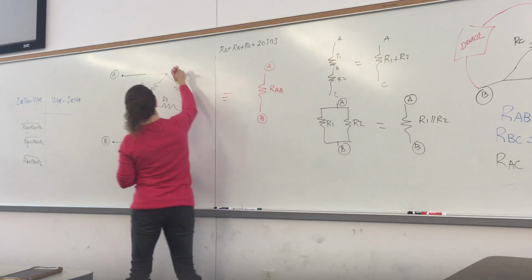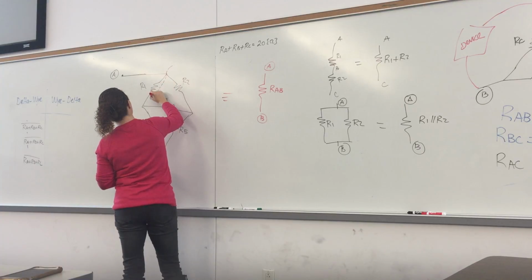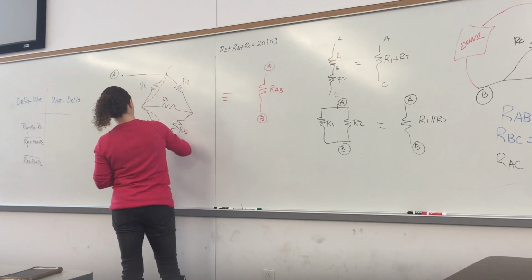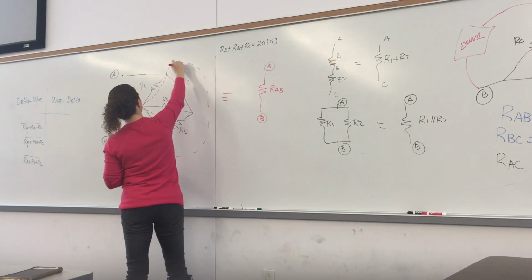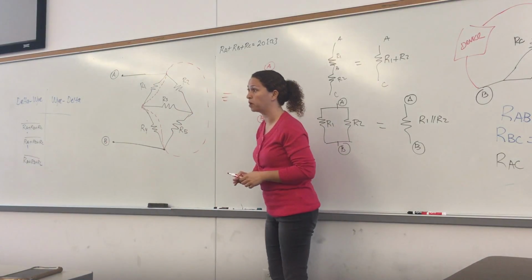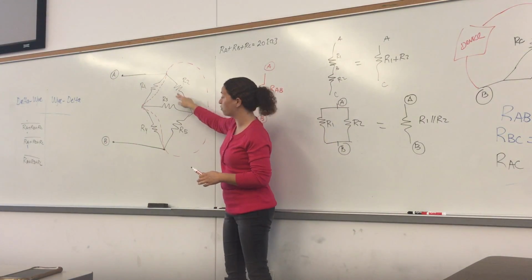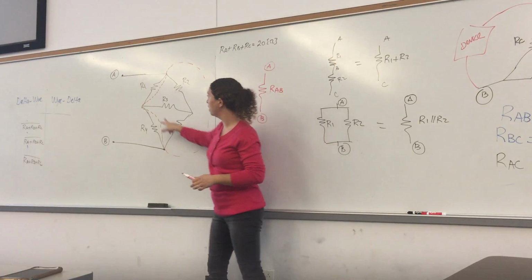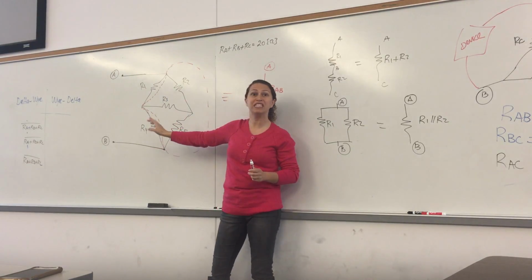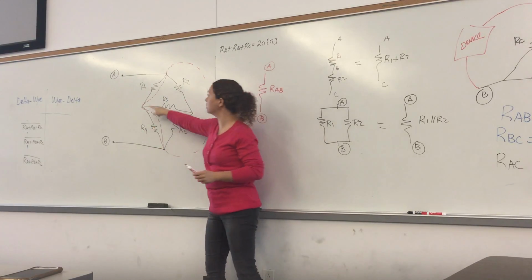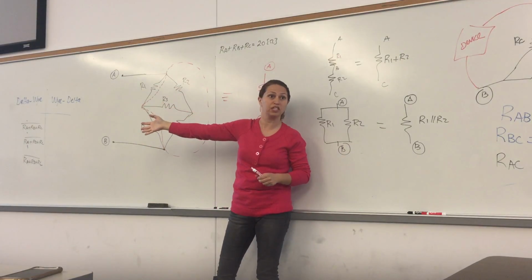So I'm going to take this part, and I'm going to transform this part. Let's say I'm taking this Y over here, R2, R3, R5. R1 and R4 will still stay connected to the nodes that they were originally connected to. Okay, that's not going to change.